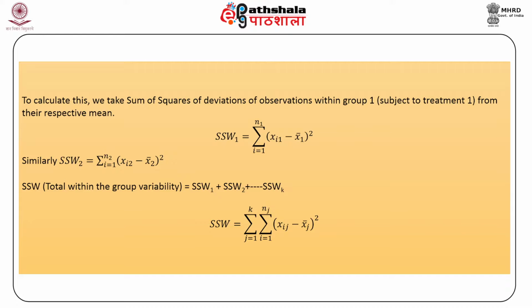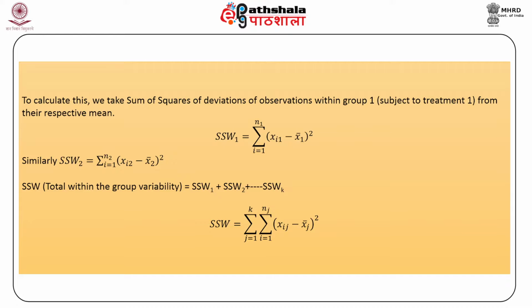So we can similarly define these within group sums of the squares for different treatments ranging from 1 to k, or n, whatever we have. In this current example, we have k. If you add all of them, we get SSW, which is total within group variability, and is equal to SSW1 plus SSW2 plus so on up to SSWk.